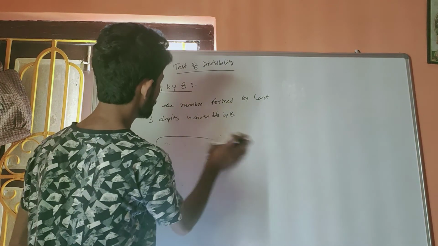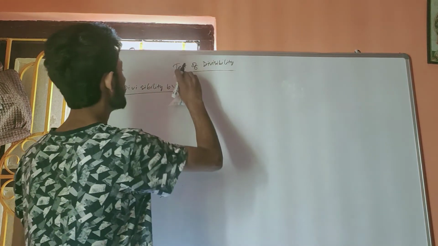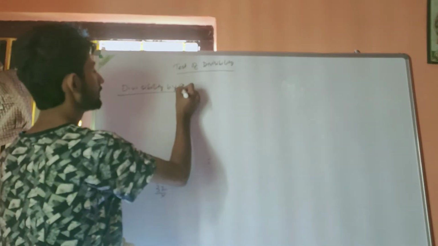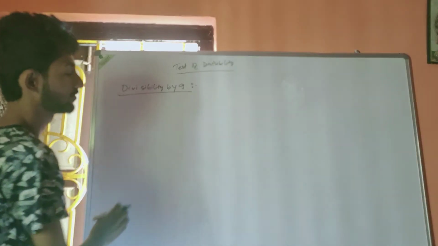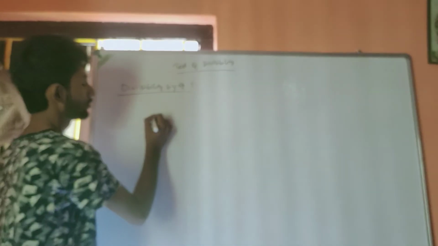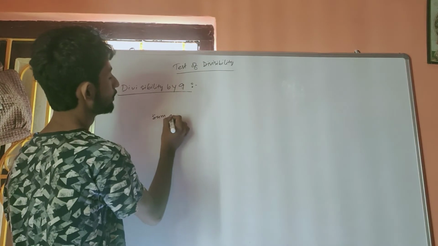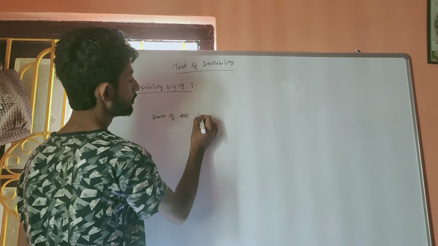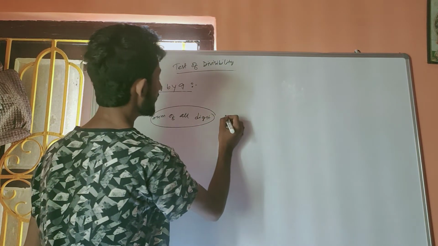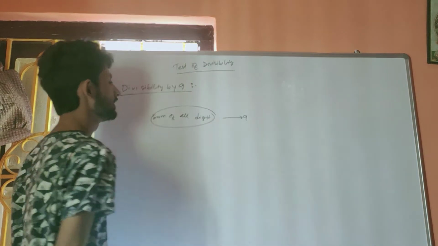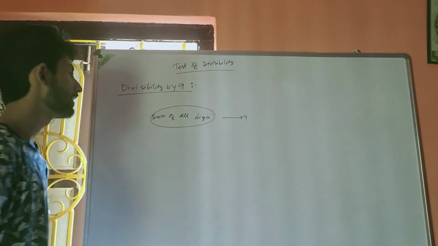Now for number 9. Divisibility by 9 is same as 3. First we have to do sum of all digits. If it is divisible by 9, then the whole number will be divisible by 9.